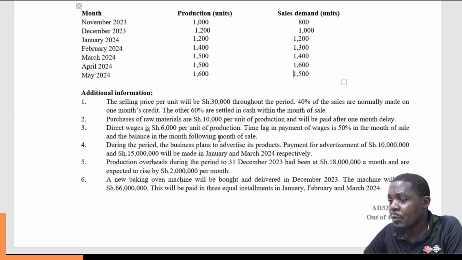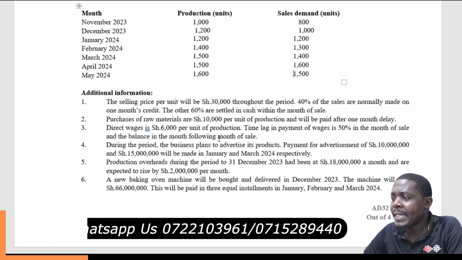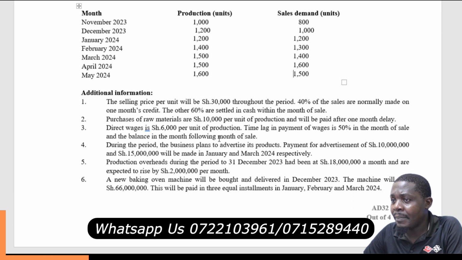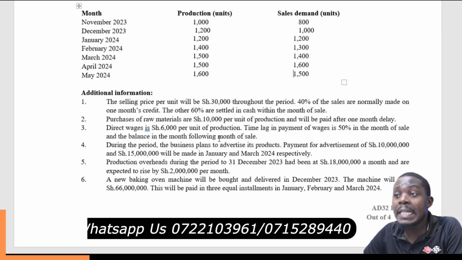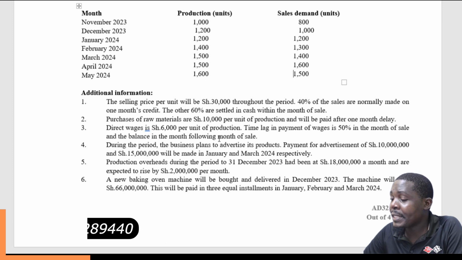The purchase of raw material is 1,000 shillings per unit of production and will be paid after 1 month delay, meaning the material purchased in November is paid in December, and December is paid in January as we proceed.